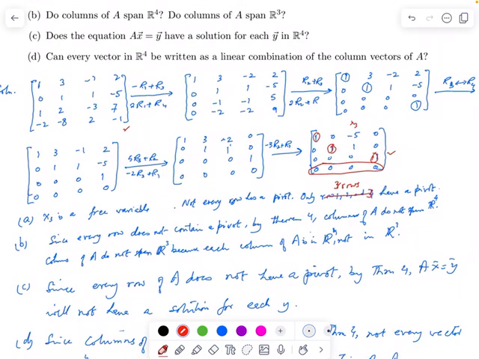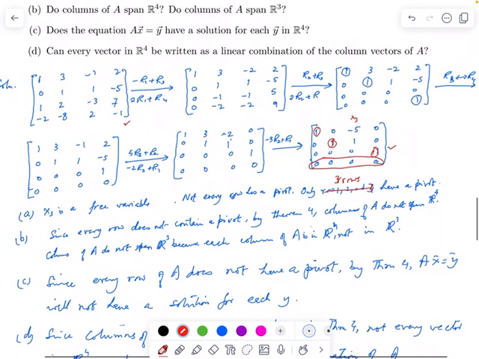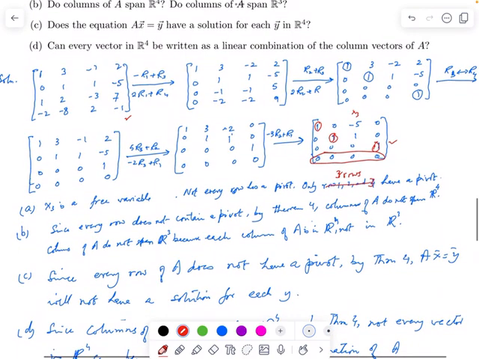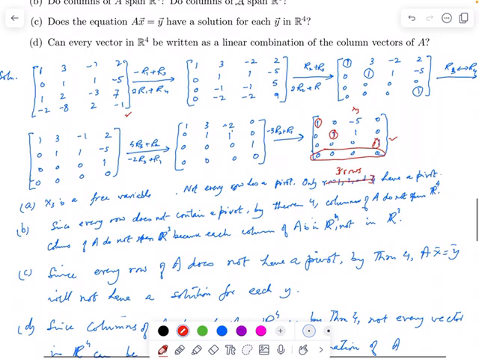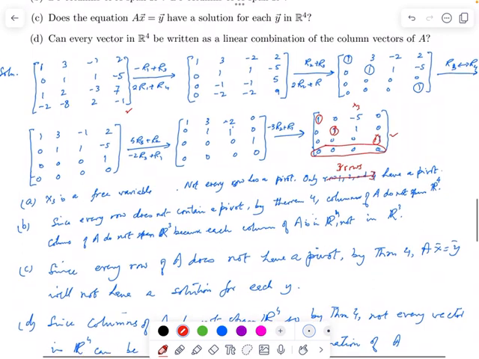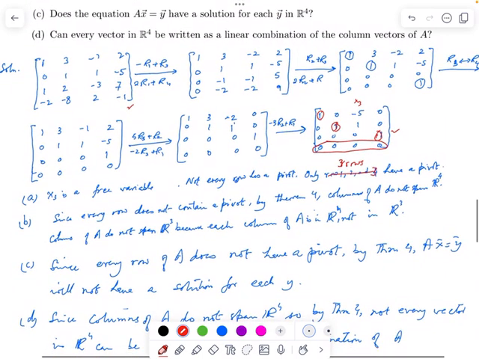Well, again, by using theorem 4, since not every row has a pivot, the equation Ax is equal to y will not have a solution for each y in R4. And the last question, can every vector in R4 be written as a linear combination of the column vectors of A?